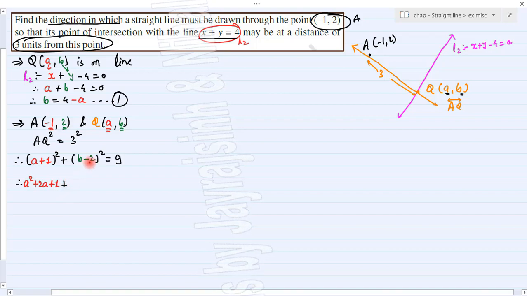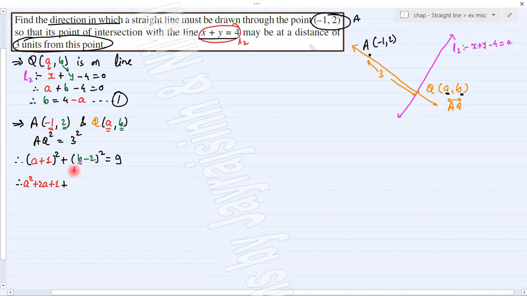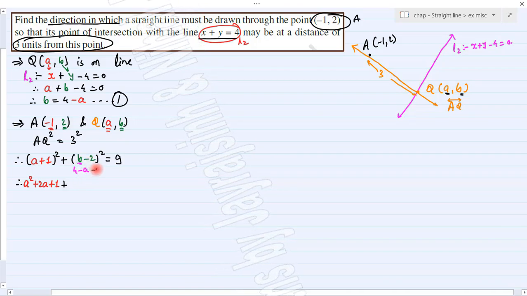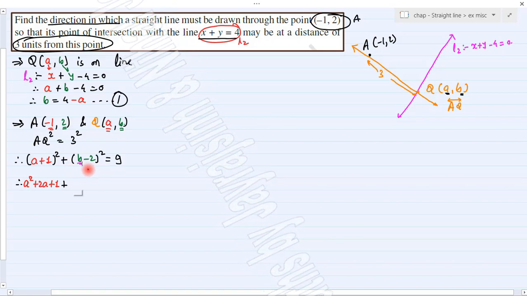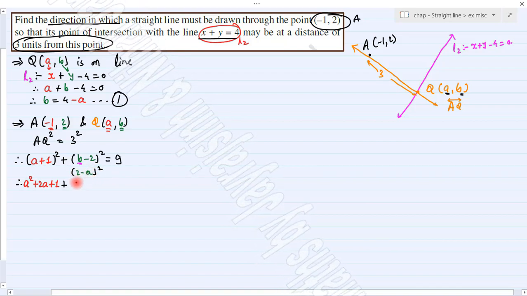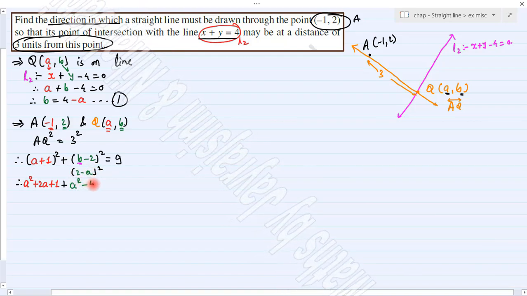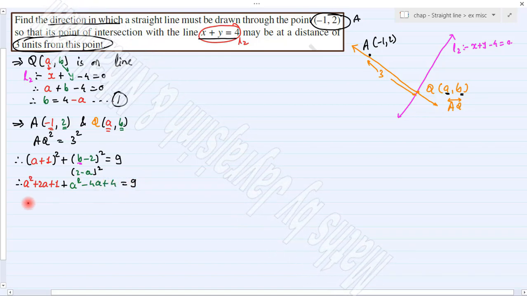And before we expand our second term, we should substitute the value of B, which is 4 minus A. So we'll get 4 minus A minus 2, or we can say here we have to expand 2 minus A. So we'll get A square minus 4A plus 4 is equal to 9.